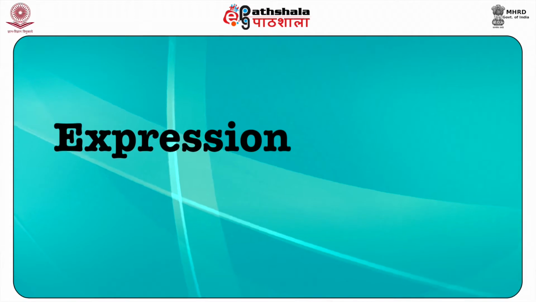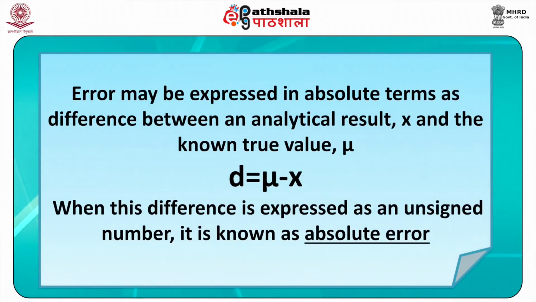Next is expression of errors. Error may be expressed in absolute terms as the difference between an analytical result x and the known true value, that is mu. D is equal to mu minus x. When this difference is expressed as an unsigned number, it is known as absolute error.